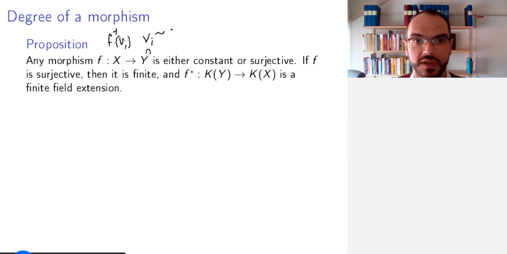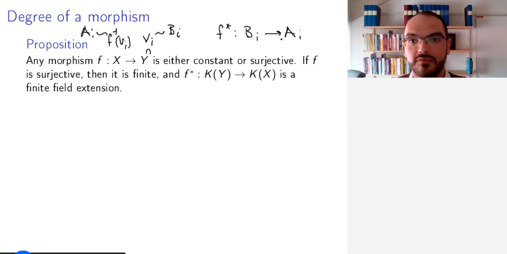So the coordinate algebra is, say, B_i, and this is A_i. And so f star defines a map from B_i to A_i. And we want this to make A_i into a finitely generated B_i-module, finitely generated as a module.